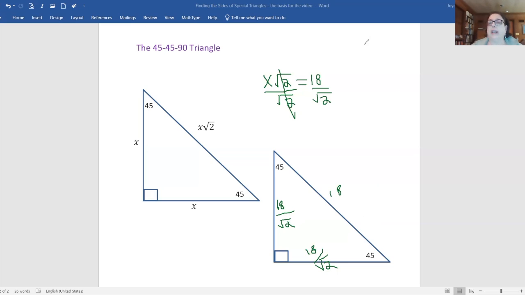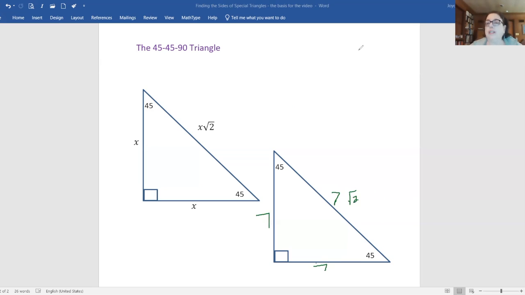That's the unusual case. As you can see, this is pretty easy. If the hypotenuse is 7 times the square root of 2, the legs will be 7. You can get all these problems done now.